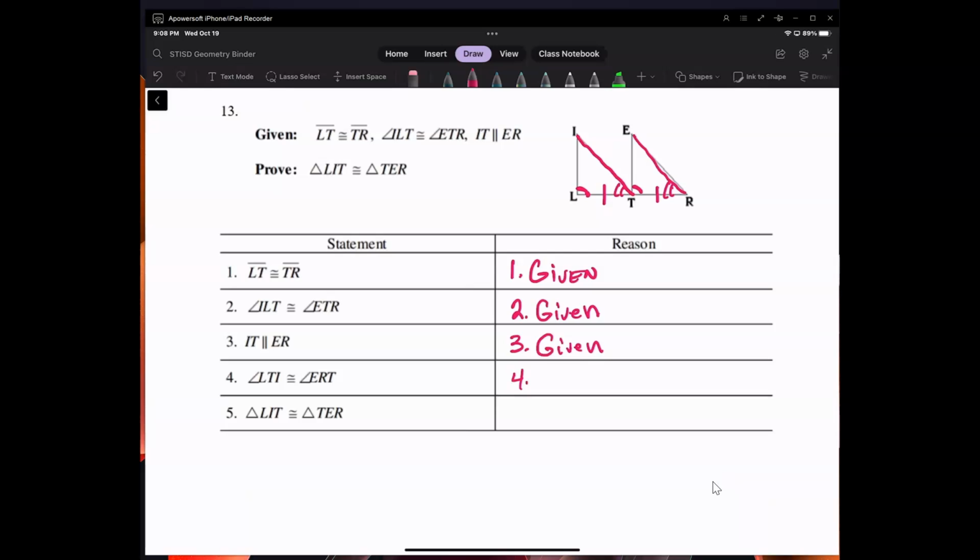The transversal is segment LR, so it's going to be because of corresponding angles. Corresponding angles are congruent. And now you can tell me why the two triangles are congruent. Triangle LIT is congruent to triangle TER because of the angle, side, angle postulate.